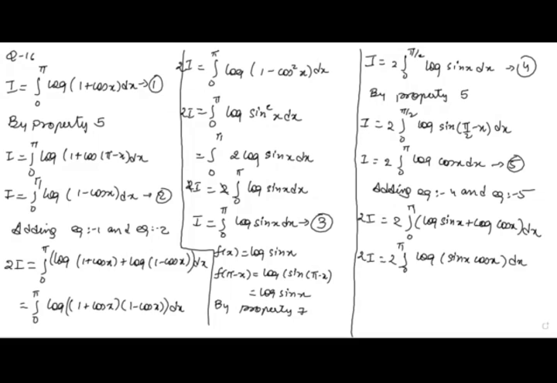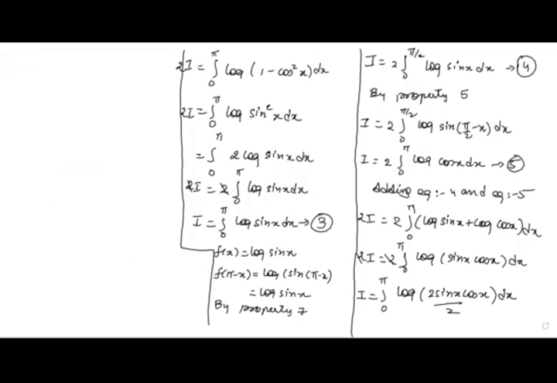You can see that this question is getting lengthier, but it's okay. To make this as sin 2x, I will multiply 2 in the numerator and in the denominator. Okay, so we'll continue over here.